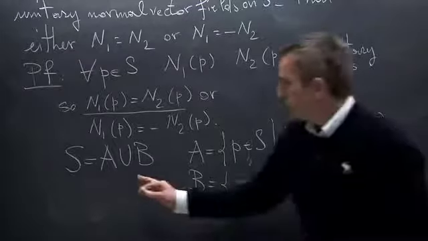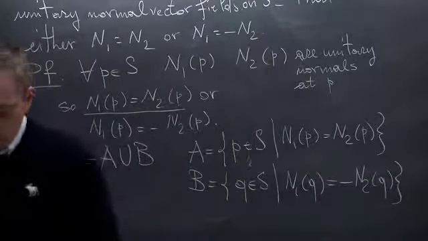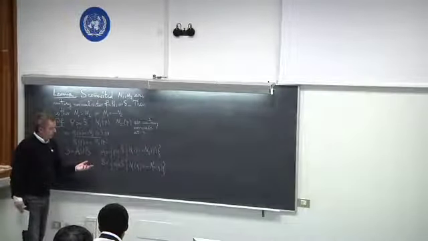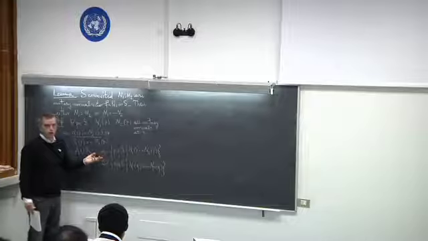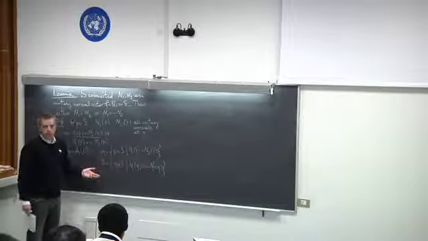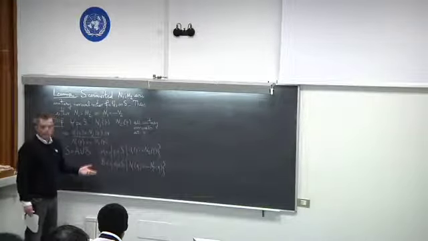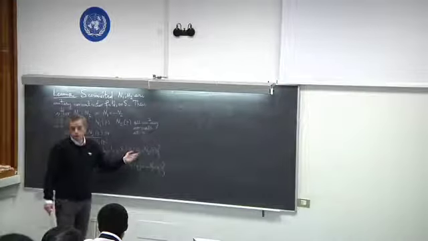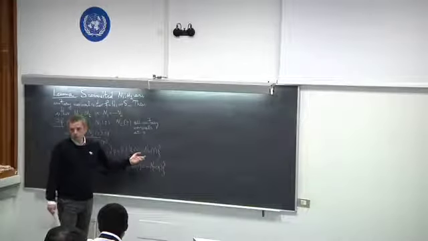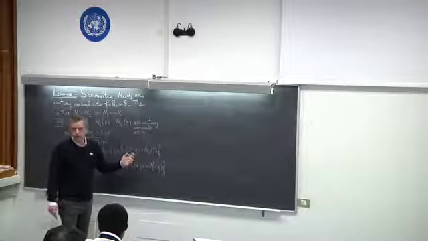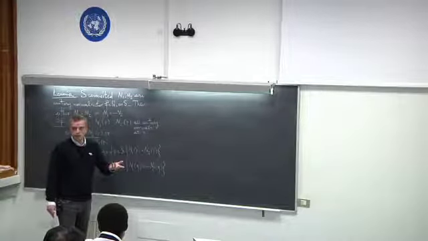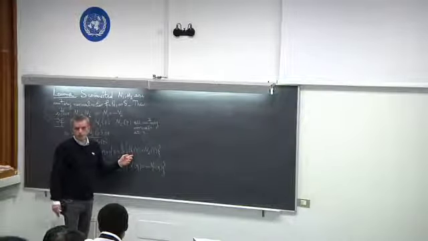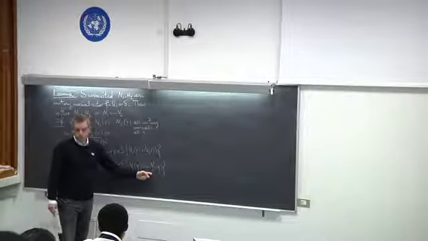So suppose that these are, well, okay, how do you argue? What are, topologically, what can you say immediately about A and B? They are closed. They are certainly closed, because these are equations, and continuous equations, in fact, differentiable equations. N is a differentiable vector field, okay? So the set of points where these two objects are the same is closed, and where they are opposite are closed.